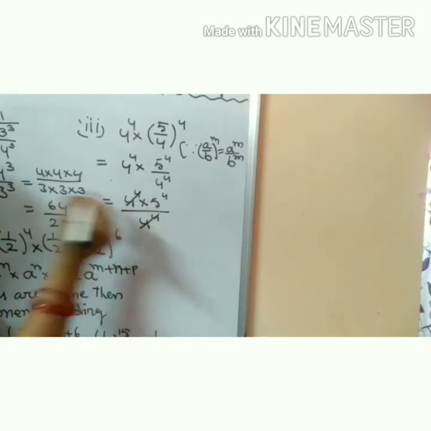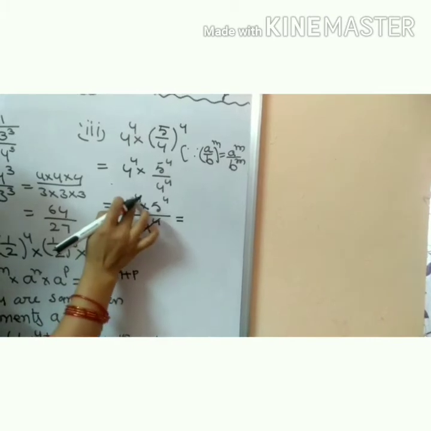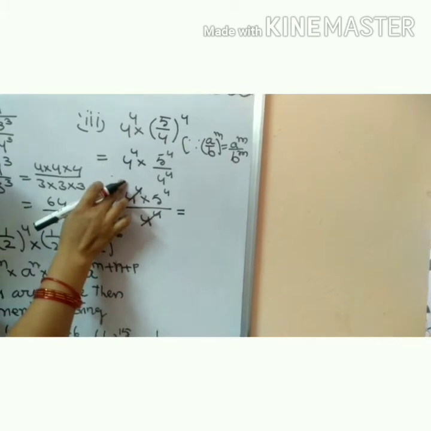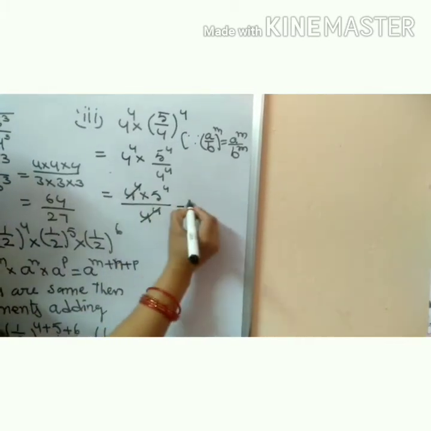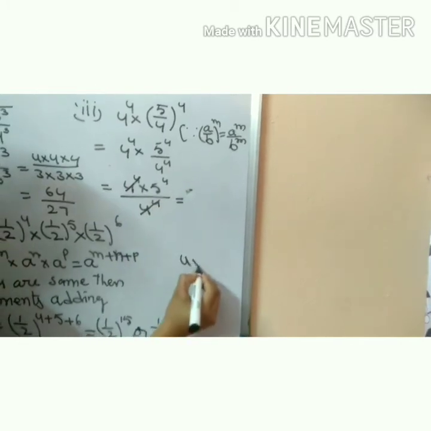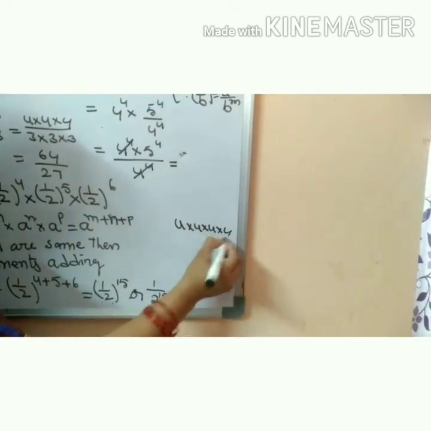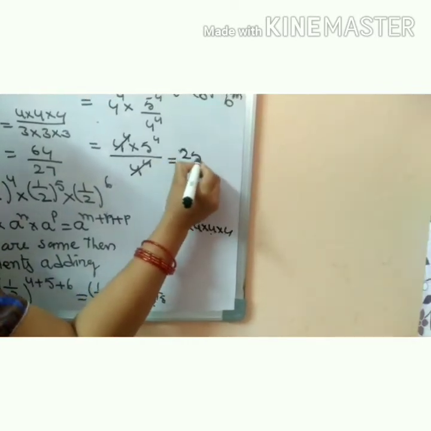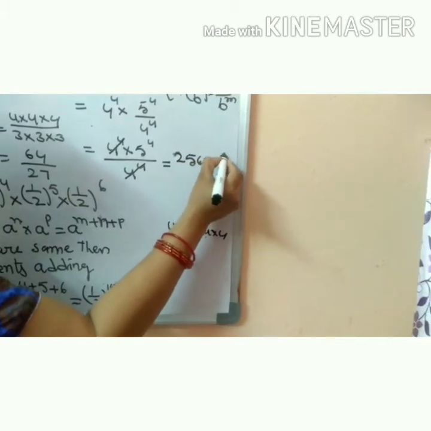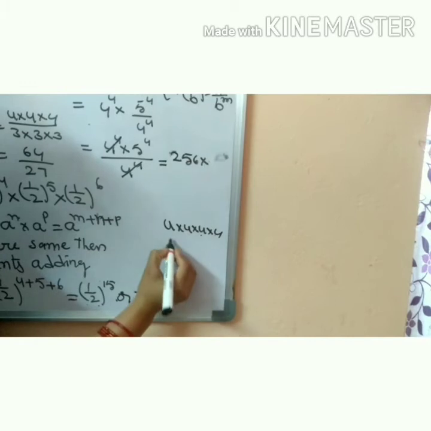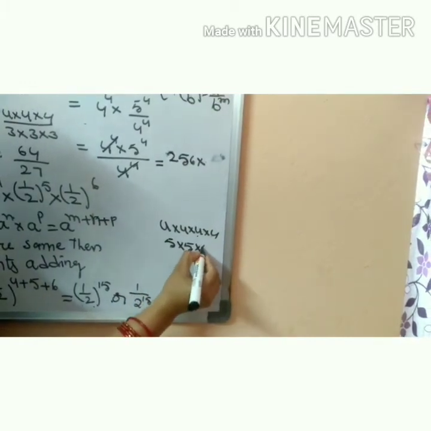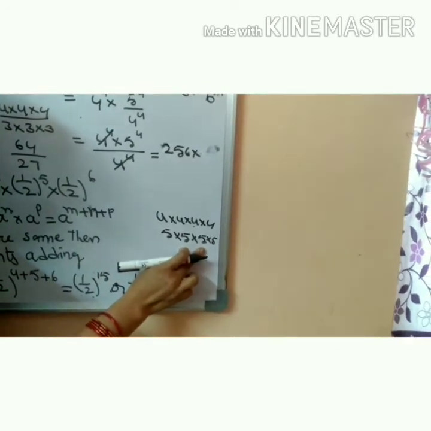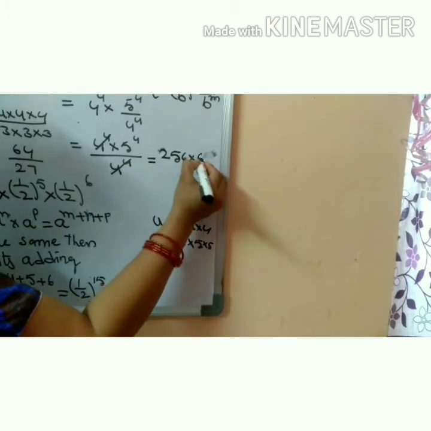Cancellation leaves the remainder, but that is not a proper way because of the power 4. So write 4 into 4 into 4 into 4, four times: 4 4s are 16, 16 4s are 64, 64 4s are 256, into 5 power 4, which is 5 into 5 into 5 into 5: 5 5s are 25, 25 5s are 125, 125 5s are 625.